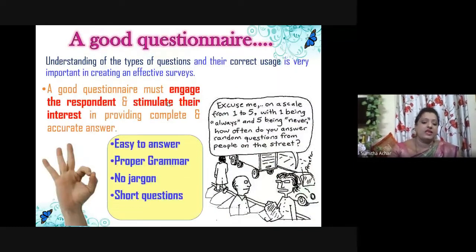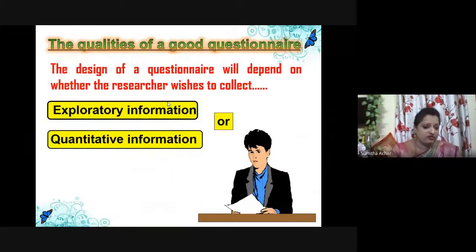A good questionnaire should always be easy to answer, with proper grammar, no jargon, and only short questions. Do not show off fluent English, and don't exaggerate with words which the respondents are not able to understand. Go to the layman level and make it simple so that the respondent is able to give you information.